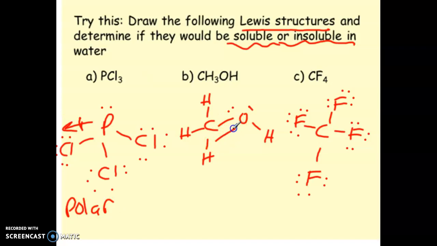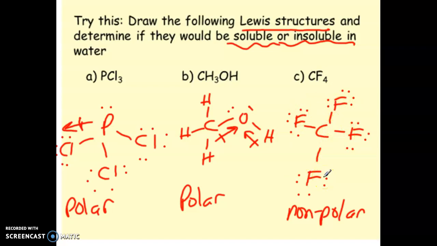Over here, you should have 2 dipoles, one drawn between the OH and one drawn between the CO. Again, this is a polar structure. And our CF4 is actually nonpolar. Even though the bond here is polar, remember this is a symmetrical molecule because it's the same element.